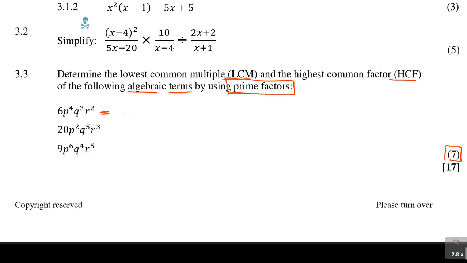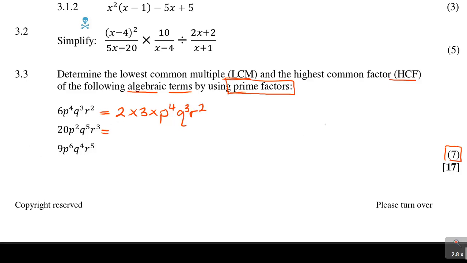Now 6 in prime factors is 2 times 3. Some calculators can actually help you find prime factors. So it is 2 times 3 times p^4 q^3 r^2. What about 20?